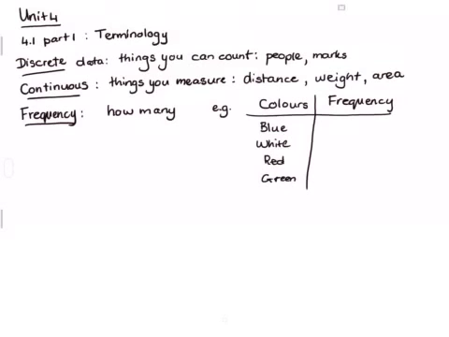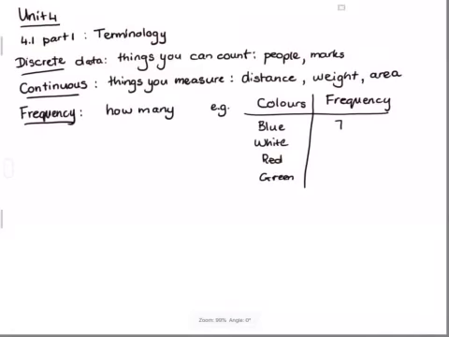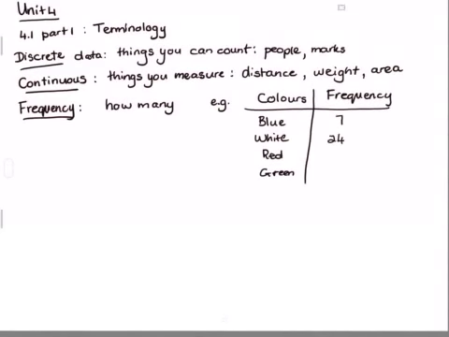So if I count 7 blue, then the frequency for the category blue is 7. The frequency for white might be 24. 5 red, 8 green. So the frequency, how many blue, how many red, how many white, how many green.